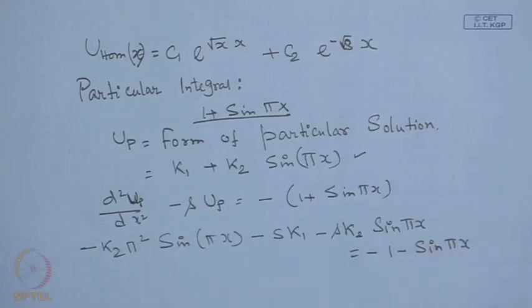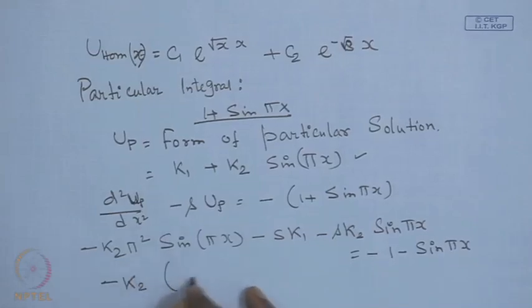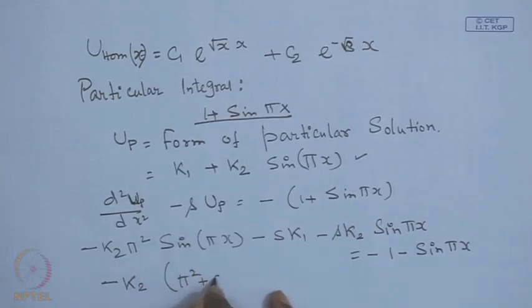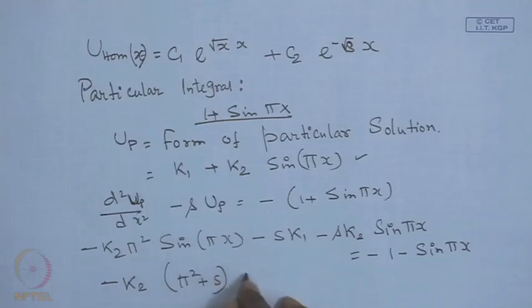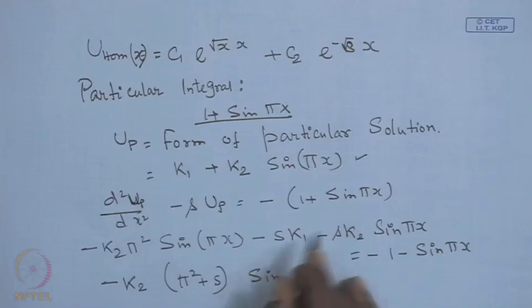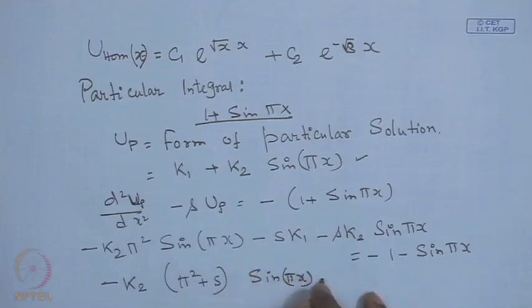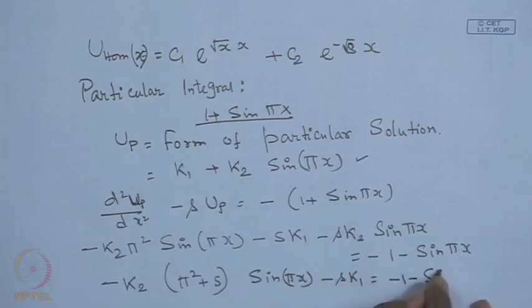By rearranging, you will have minus k2 times (pi square plus s) sin pi x minus s of k1 is equal to minus 1 minus sin pi x.